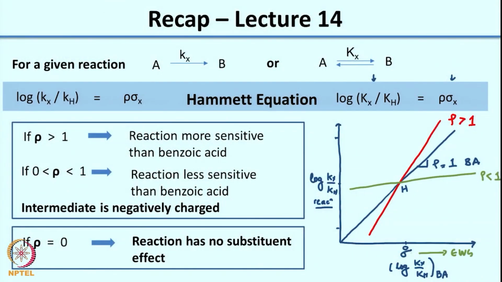Because the slope is positive, it means that electron withdrawing groups are positive on your x axis. So, you have electron withdrawing groups here and electron releasing groups here.